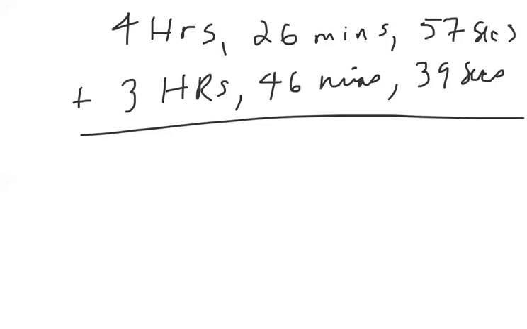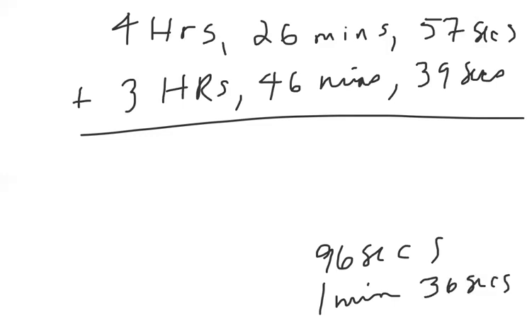And then convert that. 57 plus 39 gives me 96 seconds. Now 96 seconds is actually 1 minute, 36 seconds. So I'm going to drop the 36 seconds here, and carry over the minute to the minutes column.